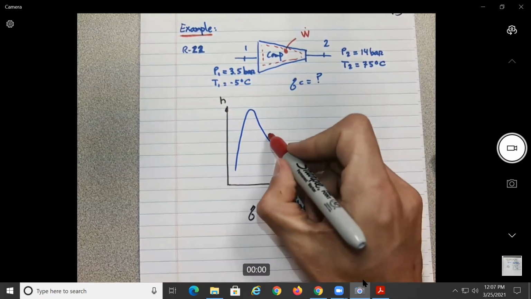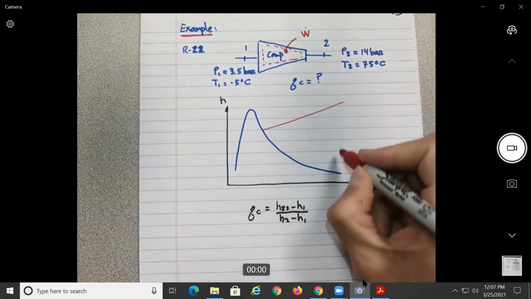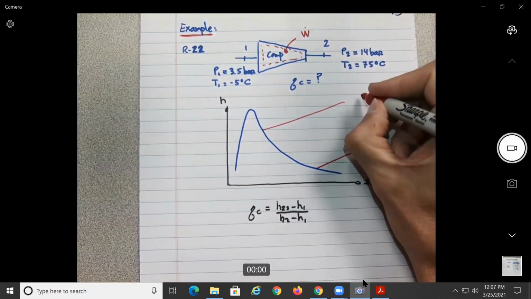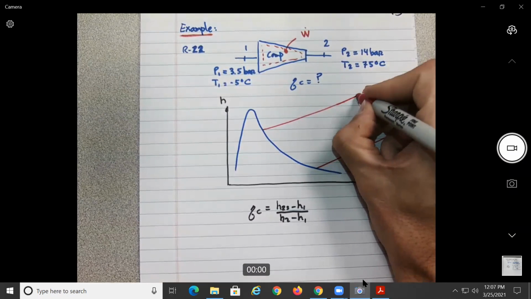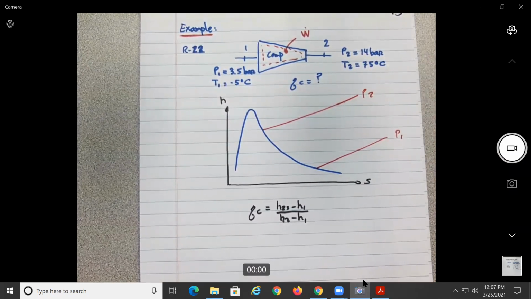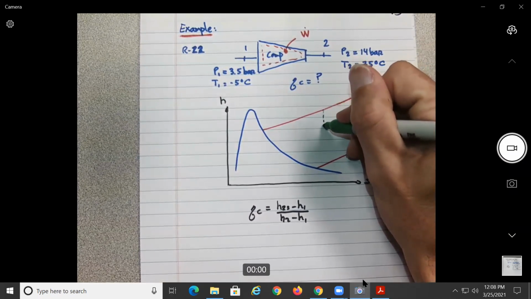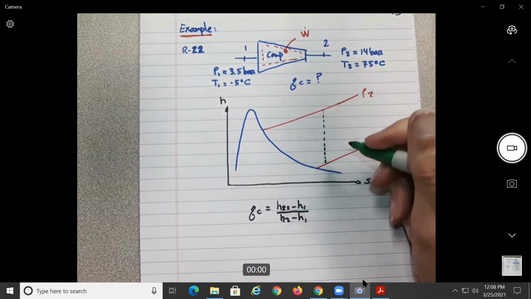What we're gonna have here, P1, P2, hopefully I'm not going to do the arrow this time. I'm going to try to have a better straight line. This one is a lot better.